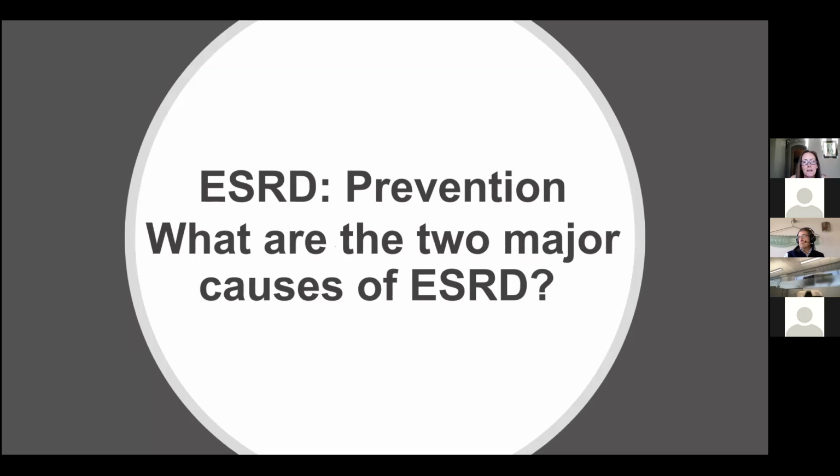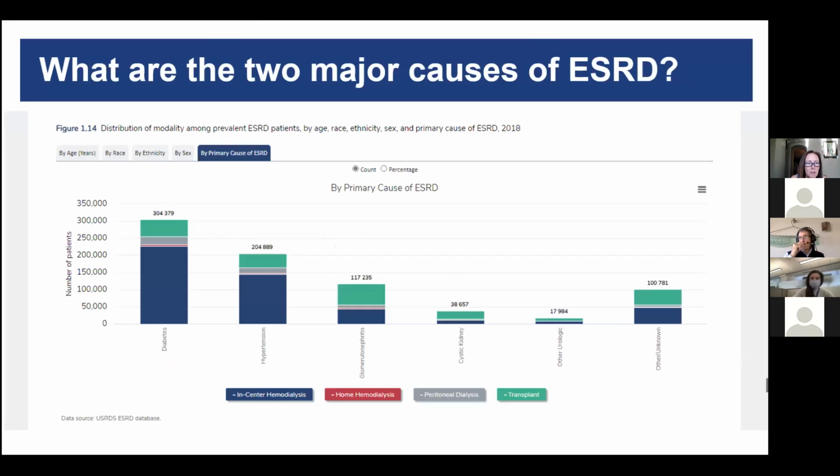So we know the best treatment for ESRD is transplant. What about prevention? Let's think about what the two major causes of ESRD are. I'm sure you already know this, but this is showing these data in a different way. Diabetes and hypertension are the leading causes of end-stage renal disease.